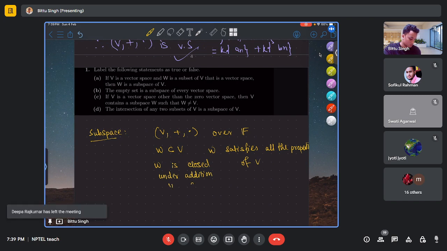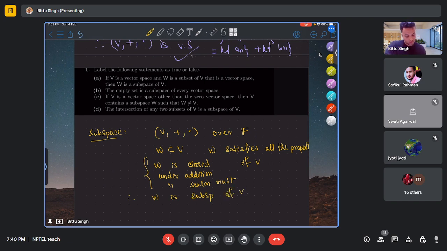Then we say that W is a subspace of V. So for this question, by definition, it is true because whenever W is a subset and W satisfies all the properties of a vector space, it will be a vector space itself. So it is true.